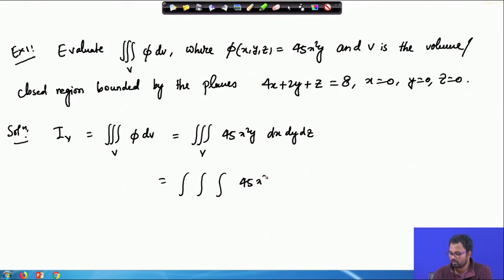First of all, z is varying from 0 to 8 minus 4x minus 2y, then y is varying from 0 to 8 minus 4x, and when y and z are both 0, x is varying from 0 to 2, right.